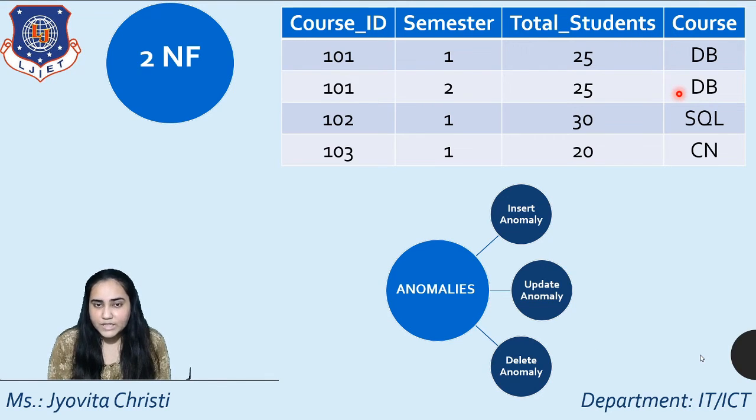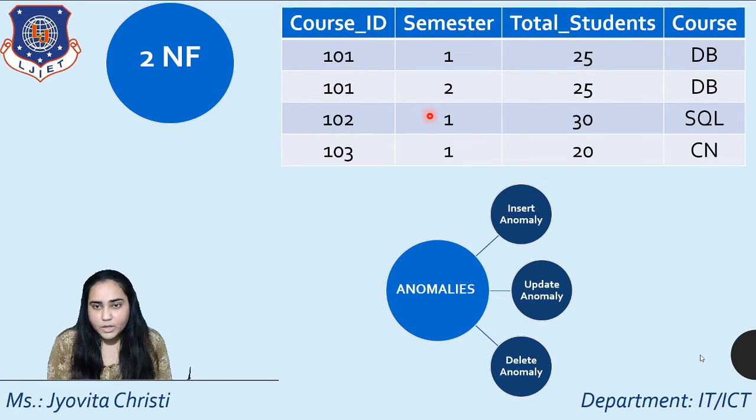If I delete DB from this table, then I also lose the data that says second semester total students are 25. This data is also lost. It's possible that this is the only data for that semester and it is getting lost because I want to delete a course. So I cannot delete a course without first deleting the rest of the values because it's all in one table.